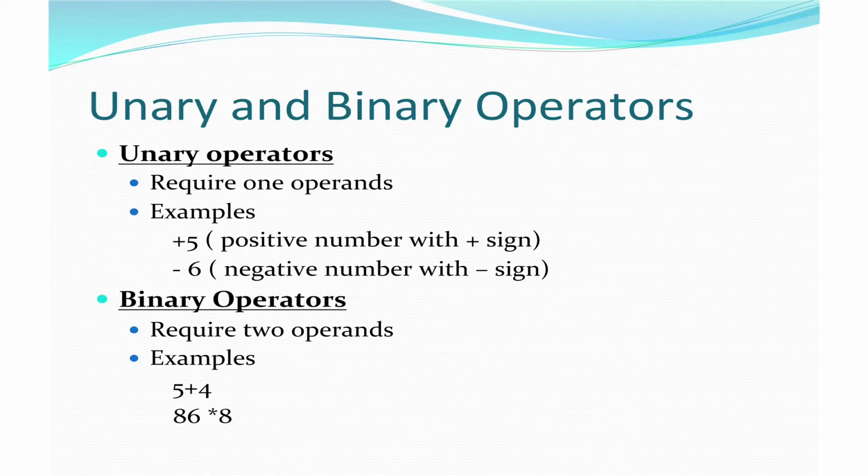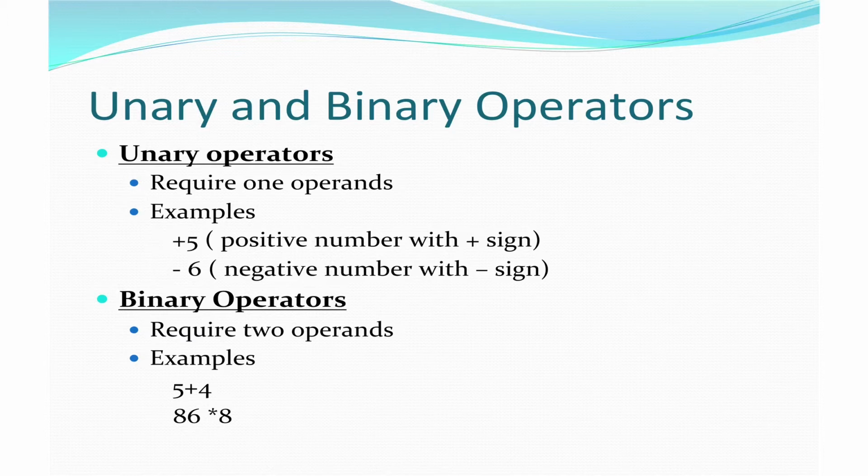So, depending on the number of operands that are required by the operator, the classification of operators is into unary and binary. A unary operator requires one operand. The best example that I can give you for this is positive number plus 5 and negative number minus 6.